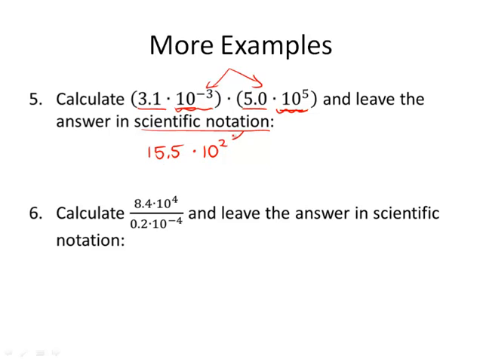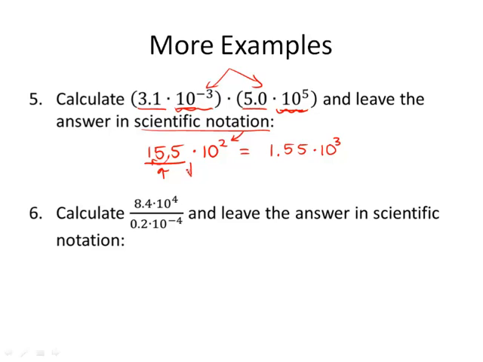Almost looks like scientific notation, but it doesn't quite fit the criteria for the format. Remember, this number here needs to be less than 10. So how do we move it one place back? Well, to compensate, you'd want to have 1.55, but to compensate for moving one place back, you want to have one place forward extra.